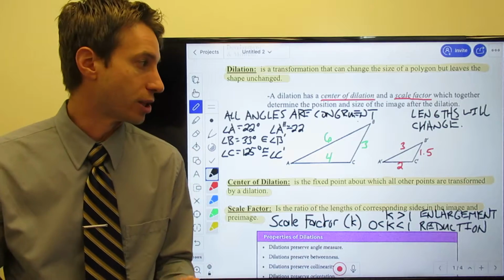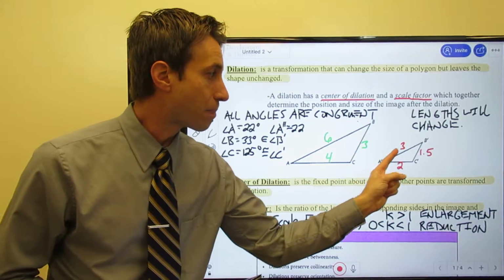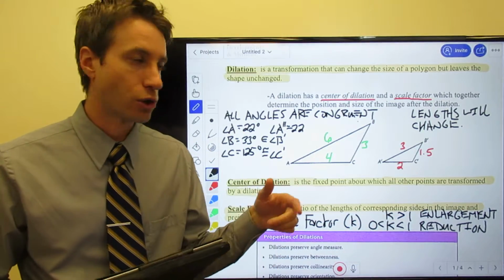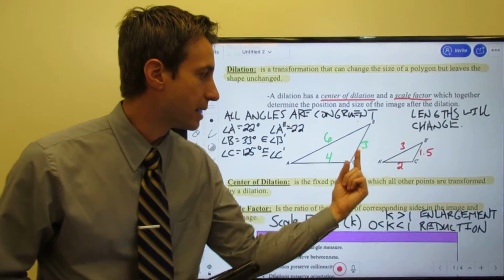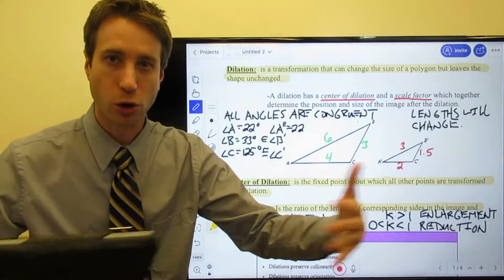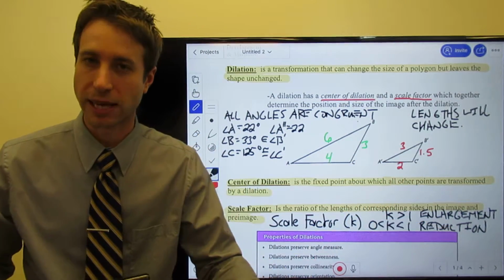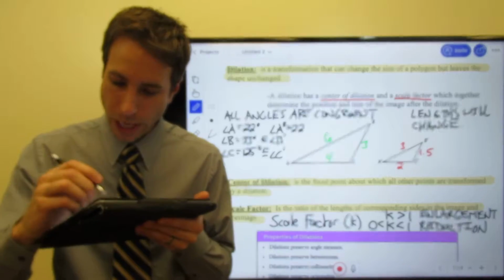First, proportions. So I know that side AB and A prime B prime are corresponding sides, right? Those are the corresponding sides in these two triangles, just like BC and B prime C prime are corresponding sides. A C and A prime C prime, right, corresponding sides. So I need to find the proportions of those sides. Well, here we go.